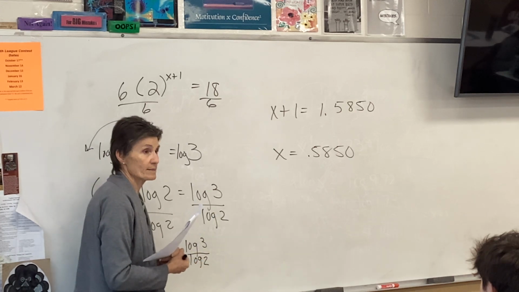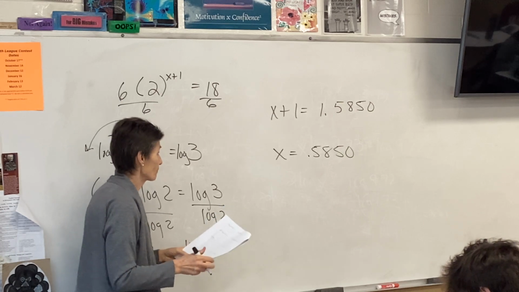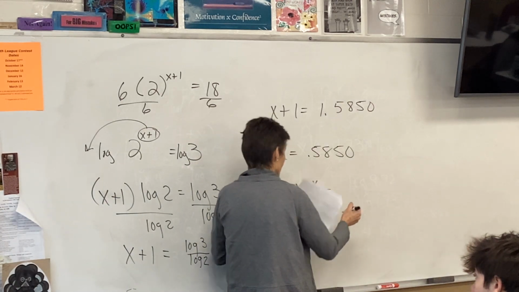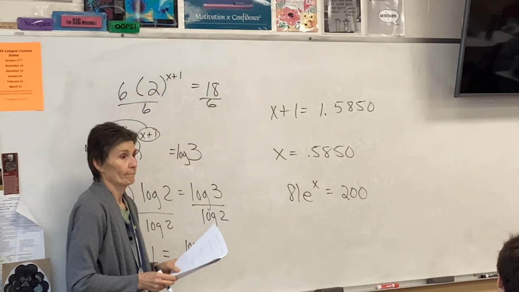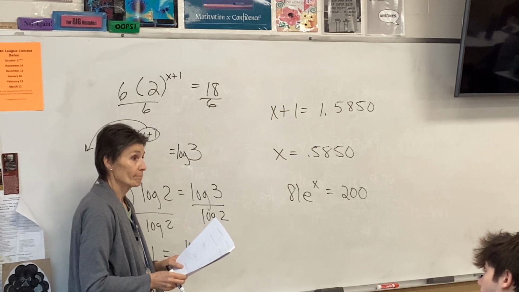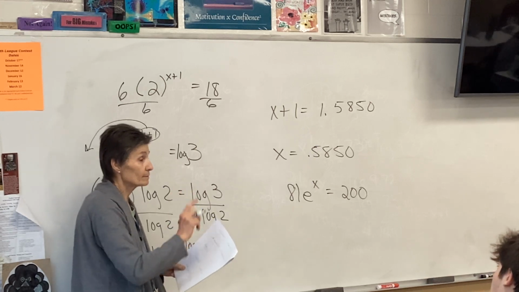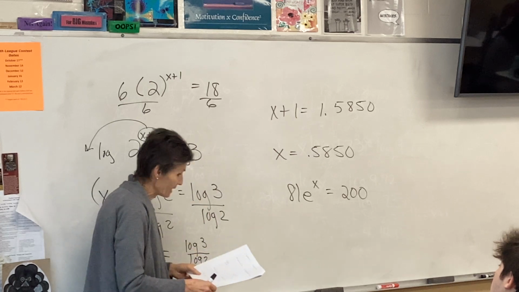Alright, 2 more and I'll stop. Okay? 2 more, we'll finish this. 81 e to the x equals 200. Could we put an ln on both sides? Not yet. That's exactly what we're going to do, but what are we gonna do first? Divide by 81.